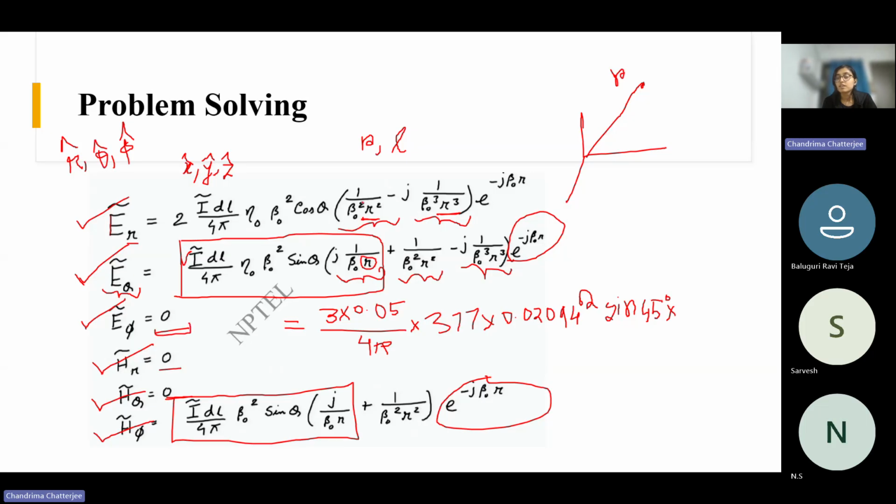And for ER, there is no 1 by R term, only R square and R cube. Only in E theta we have this 1 by beta naught R term. That's why we are considering E theta. If in ER there would be this 1 by R term, then ER also we would calculate. But we have only r square and r cube over here, so there is no point of calculating ER here.